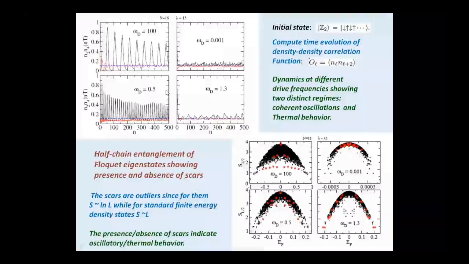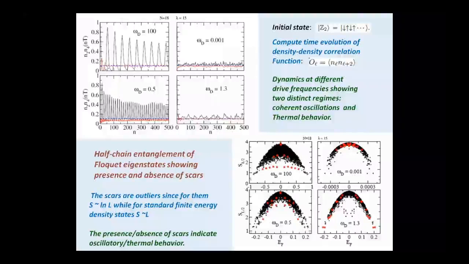When my omega d is very large, my Floquet Hamiltonian is approximately the same as the original PXP Hamiltonian, and I see these long time oscillations, provided I start from the Z2 state. Notice that this red line gives the dynamics of the same operator, provided I start from a different state, in this case the Rydberg vacuum state.